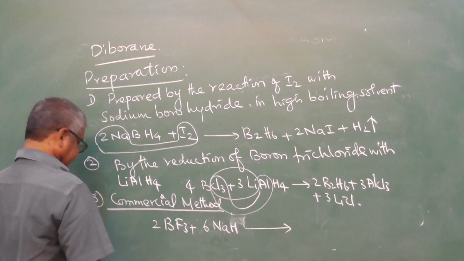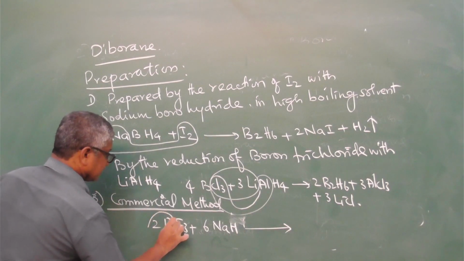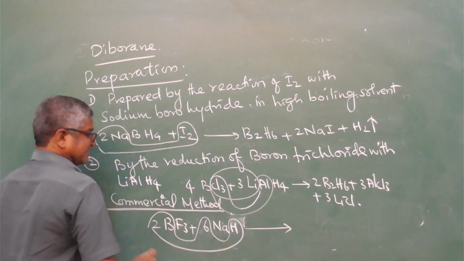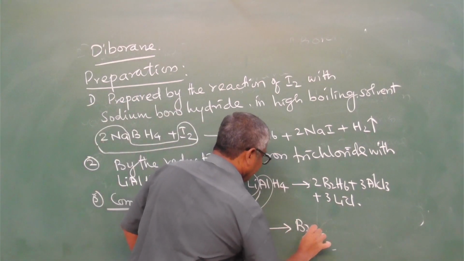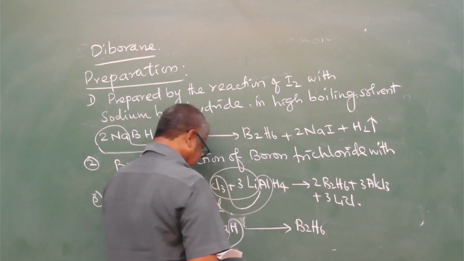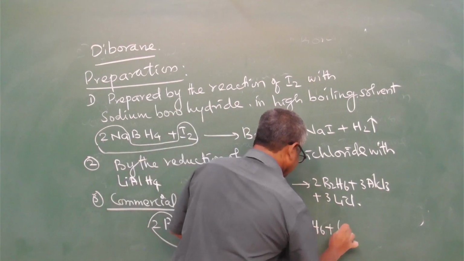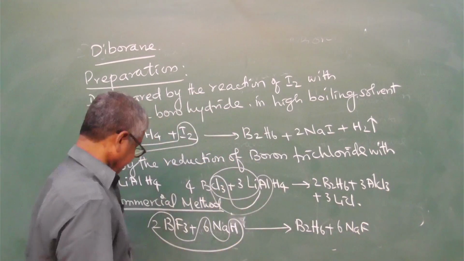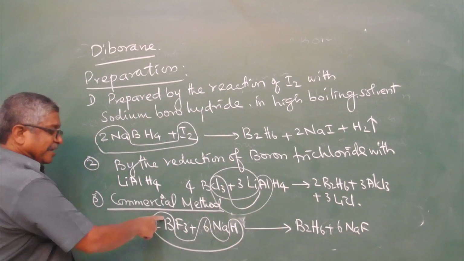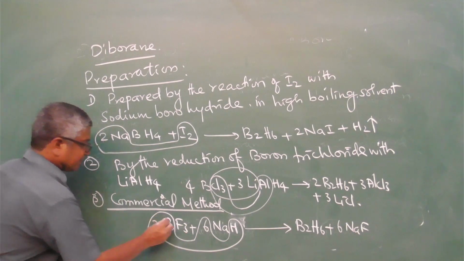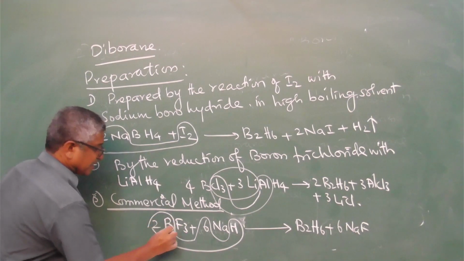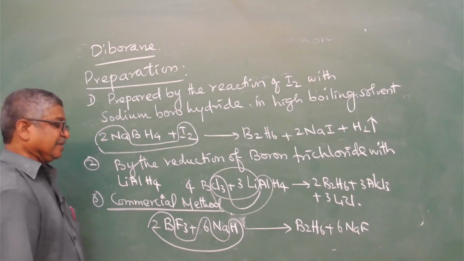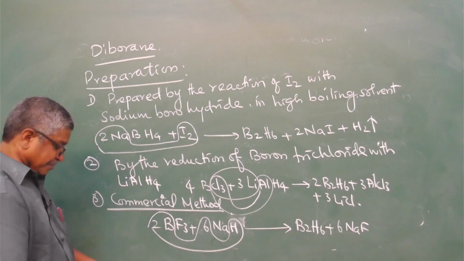Boron collects the 6 hydrogens and forms B2H6 plus 6 sodium fluoride. So this is a commercial method: boron trifluoride treated with sodium hydride gives diborane compound with the formation of sodium fluoride.